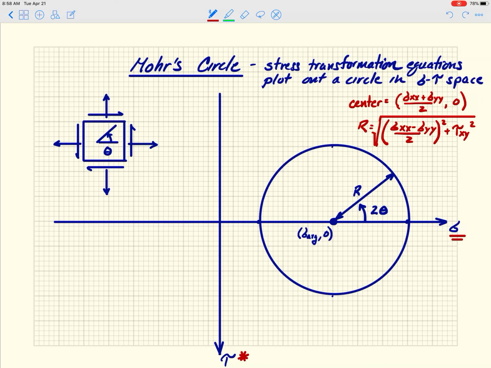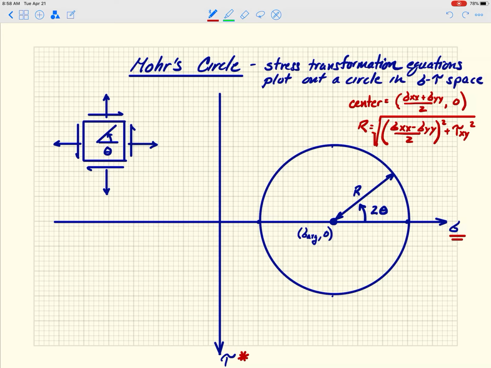the cube, okay? And so what I'm going to do is walk you through how I plot the Mohr circle, and hopefully it will start to give you a better sense of what this Mohr circle actually is and how to use it. And again, next time we'll start talking about principal stresses.